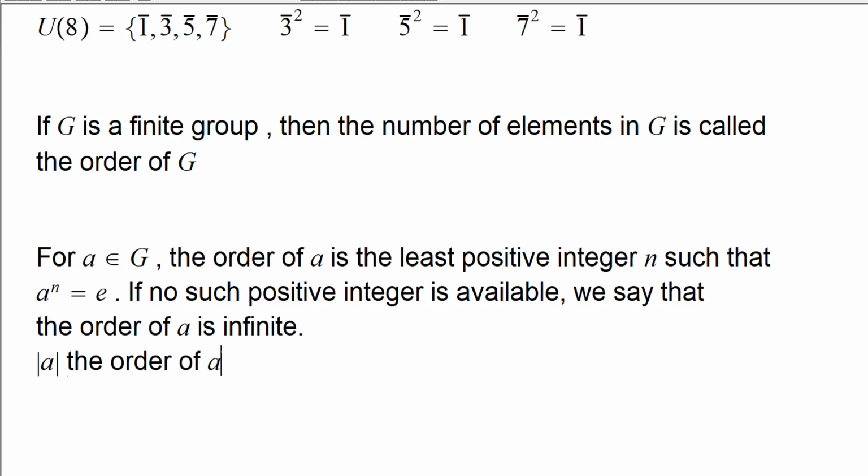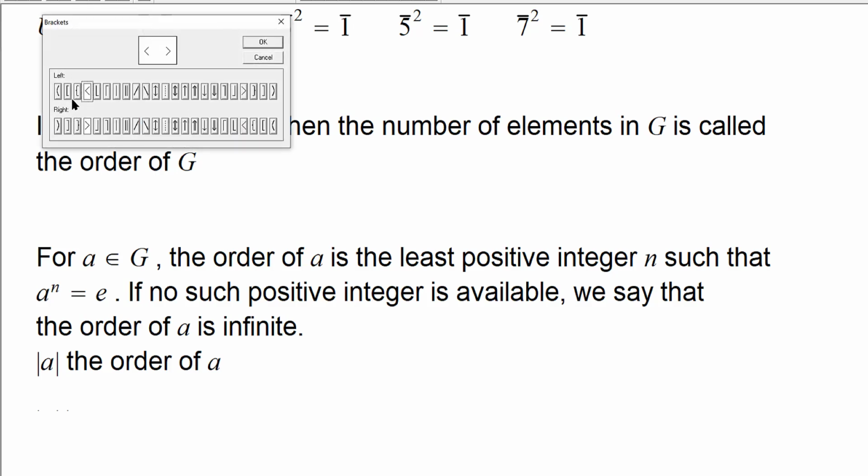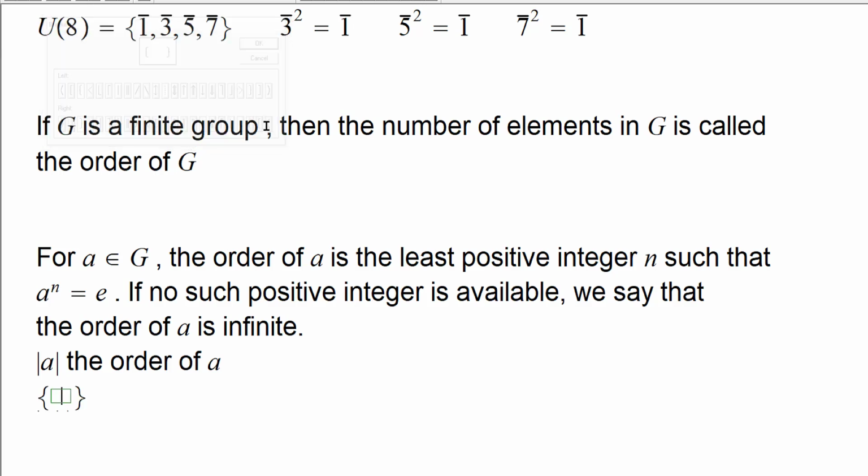So for example, if we took this set R star, that means the set of non-zero real numbers, then the order of -1 is how much? 2.